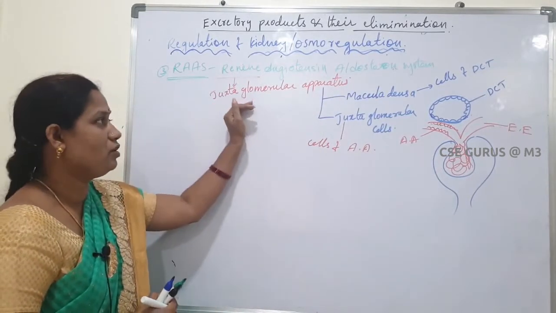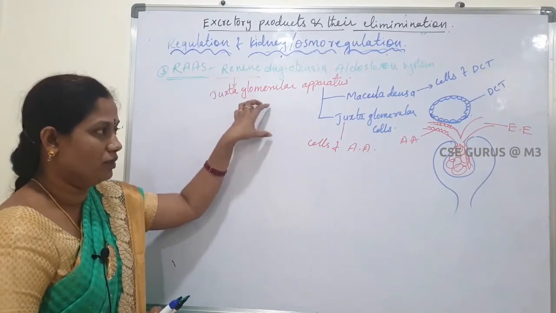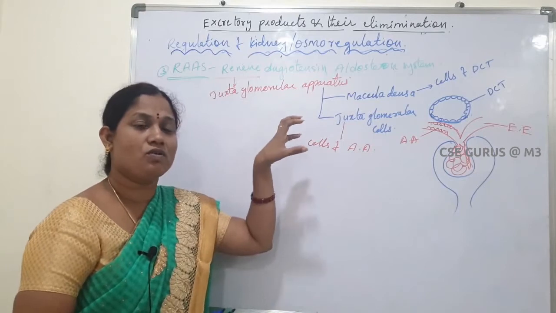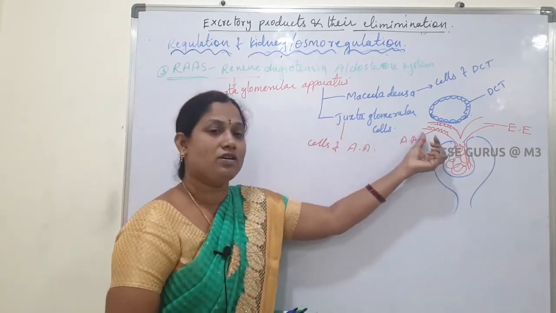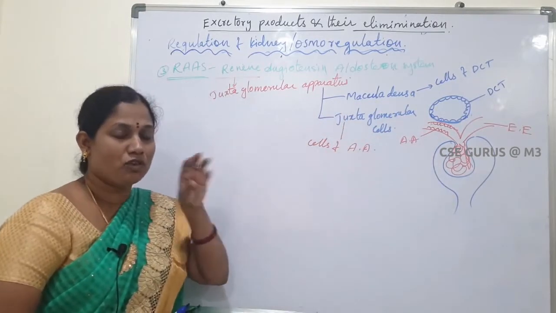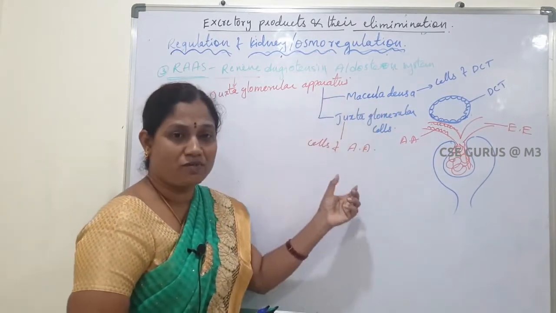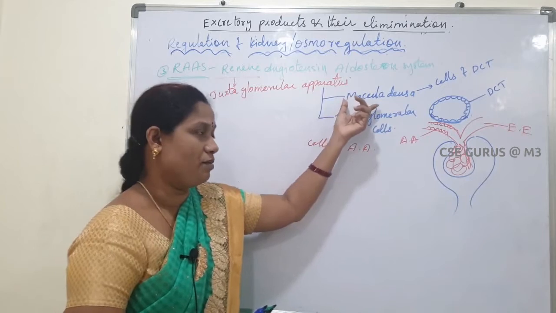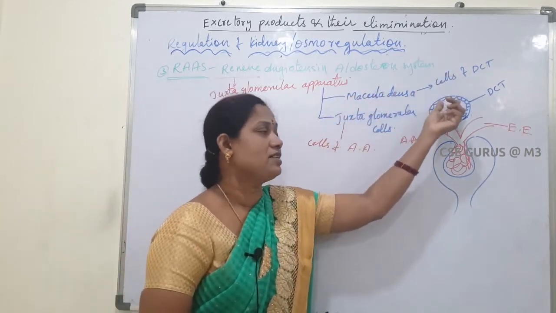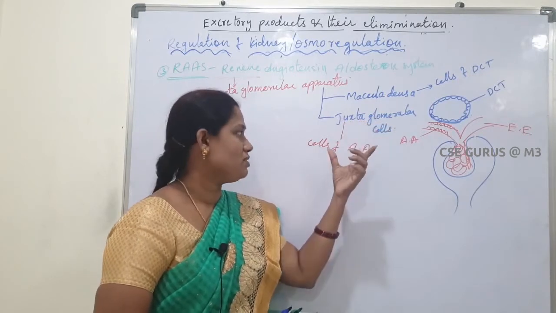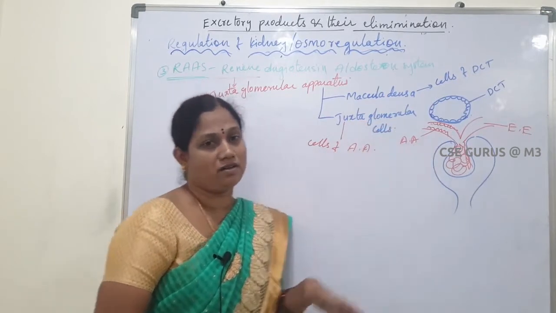Juxtaglomerular apparatus means that when the DCT comes in contact with the efferent arteriole, it forms a special structure with two types of cells. Macula densa means the cells of the DCT. Juxtaglomerular cells means the cells of the efferent arteriole.